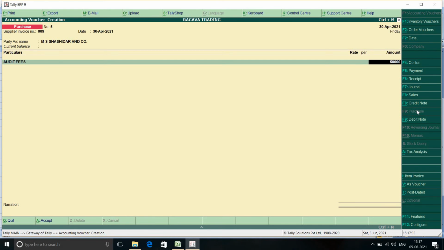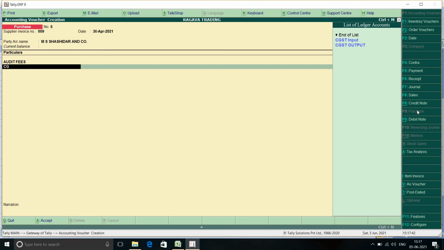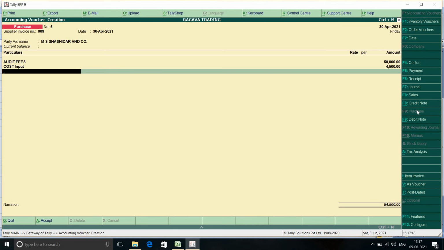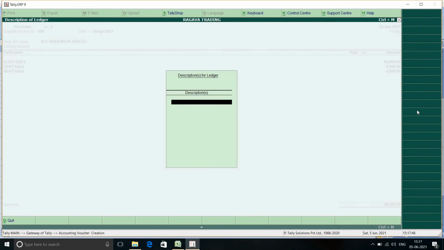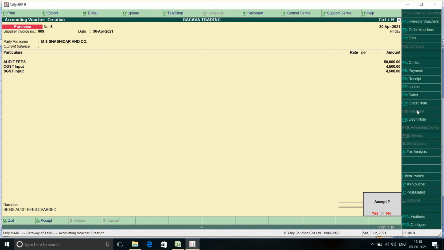Assume you are getting a 50,000 invoice from your auditor. CGST, SGST input. Being audit fees charged. This is the entry of purchase.